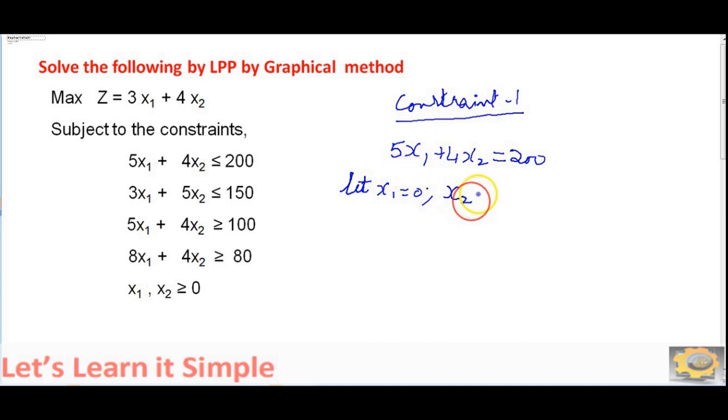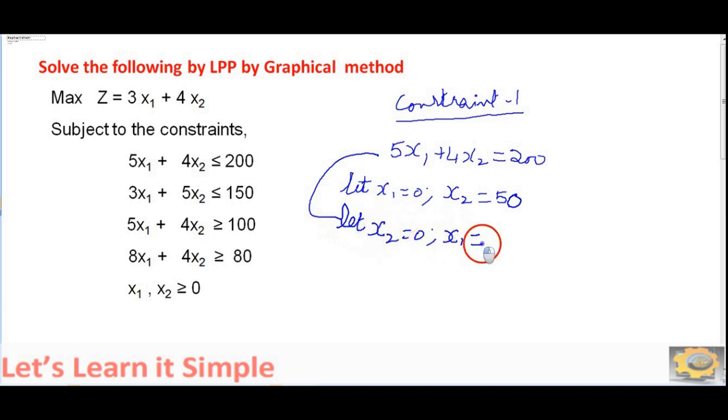This will give x2 equal to 200 by 4, which amounts to 50. Then we let x2 as 0, so this will vanish and x1 is 200 by 5, which amounts to 40. So from the first constraint we got x1 0 for x2 50, and x2 0 for x1 as 40.